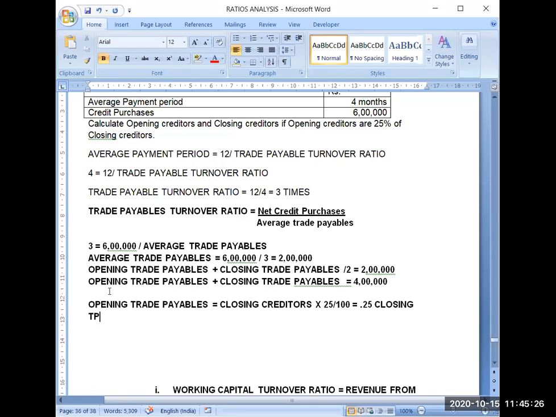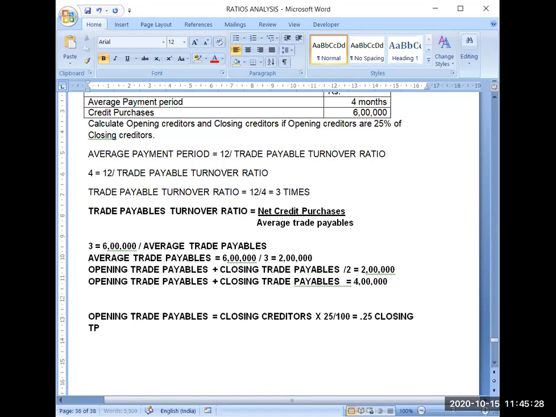So now I will be using this value in the equation, and instead of writing opening trade payables, I can write 0.25 closing trade payables plus closing trade payables is equal to 4 lakh.